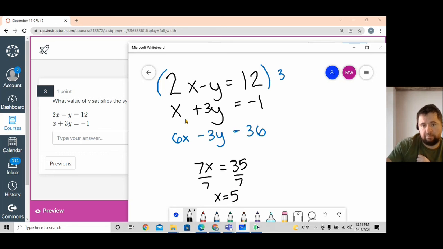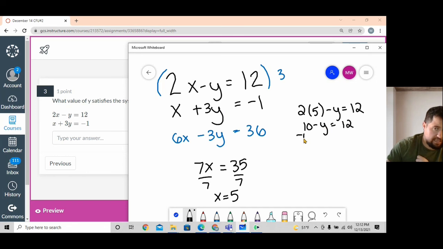I'm going to take this 5 and plug it back in. So first equation, 2 times 5 minus y equals 12. 10 minus y equals 12. Subtract 10 from both sides. 12 minus 10 is 2, so negative y equals 2, which means positive y equals negative 2.